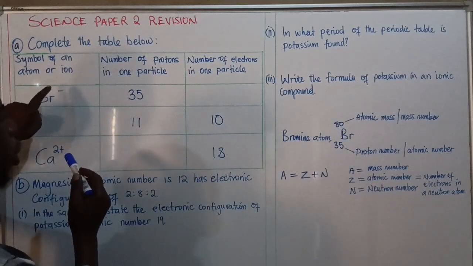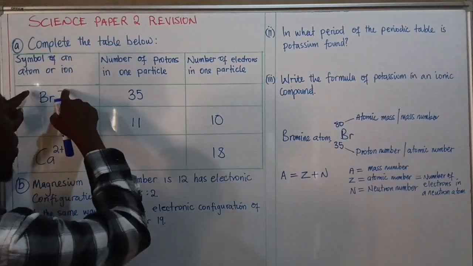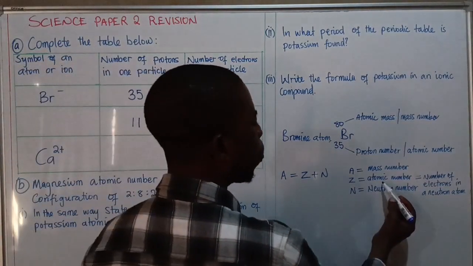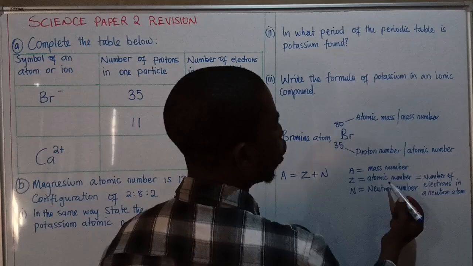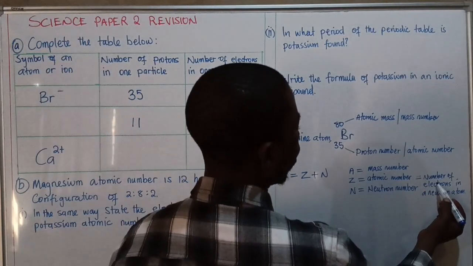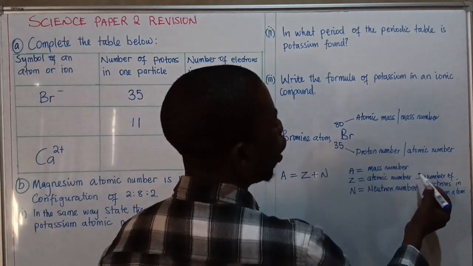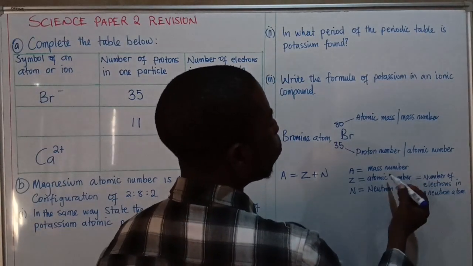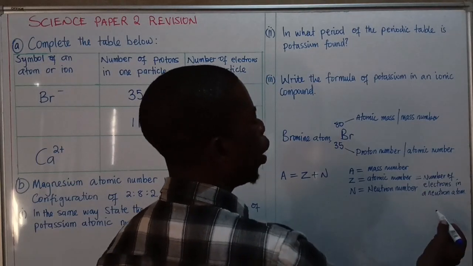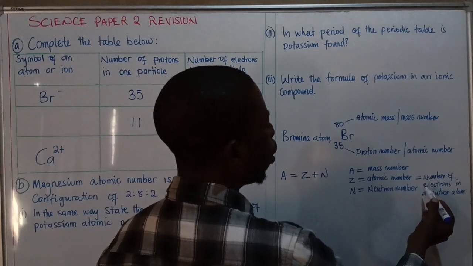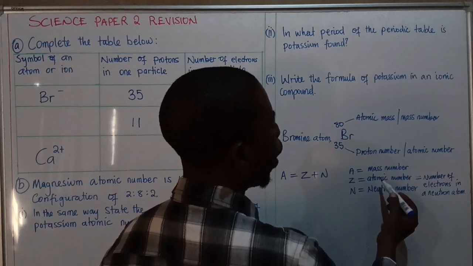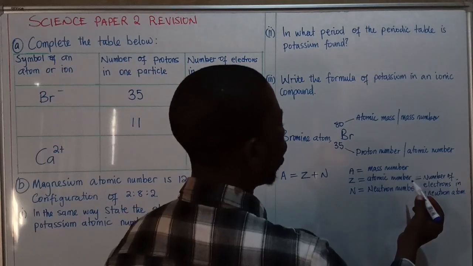Since it has a negative charge, it means that the number of protons or atomic number is no longer equal to the number of electrons. It means in the bromine ion there are more electrons than protons. How many more electrons are there in the bromine ion than the bromine atom? 1.